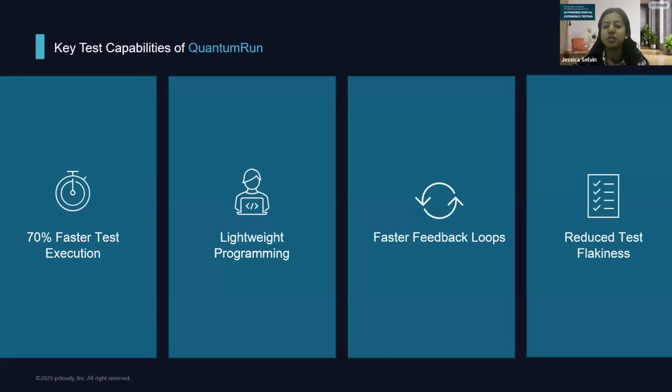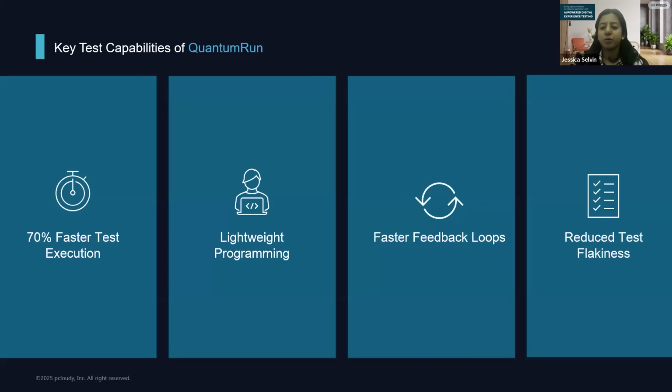This removes the WAN round trips, so thousands of fine-grained API calls are now not traveling over the public internet, but over low latency internal links. This results in dramatic time cuts.